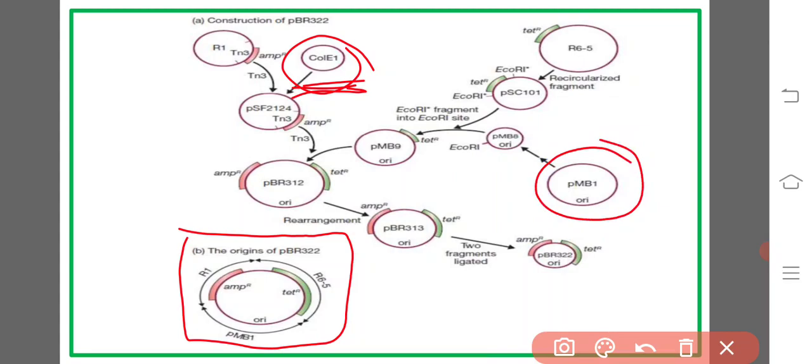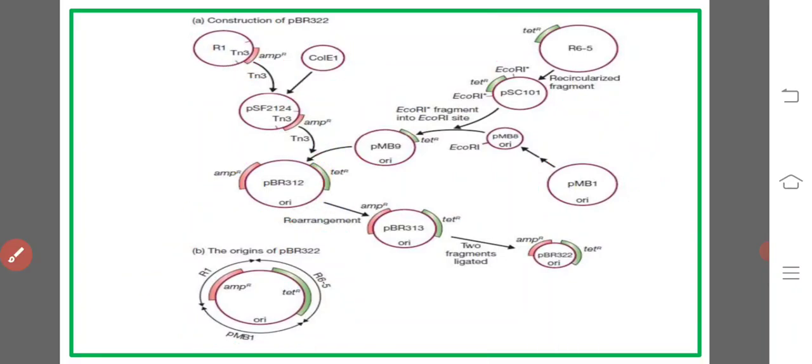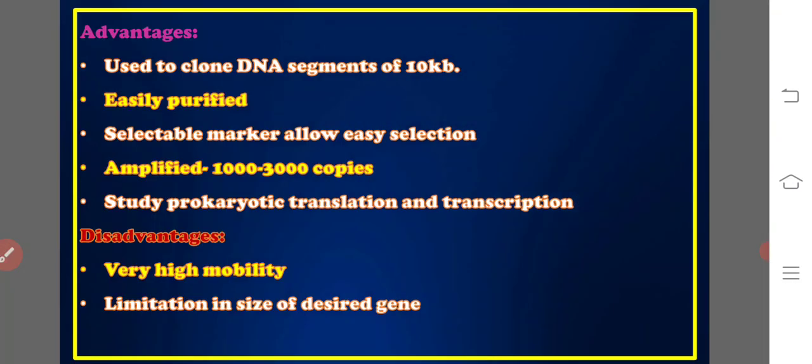Here the Tet gene from R6-5, and all these things are included: the ampicillin R gene from this side, the tetracycline gene from this side, and the ORI from this side, and finally they collectively form the final shape. This is the reconstructed plasmid formed from different portions of different organisms.